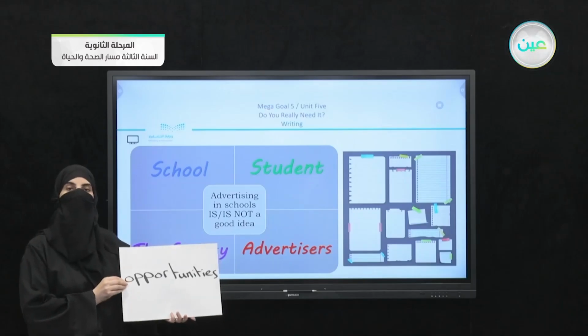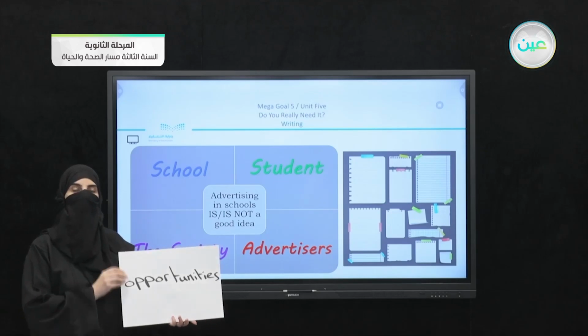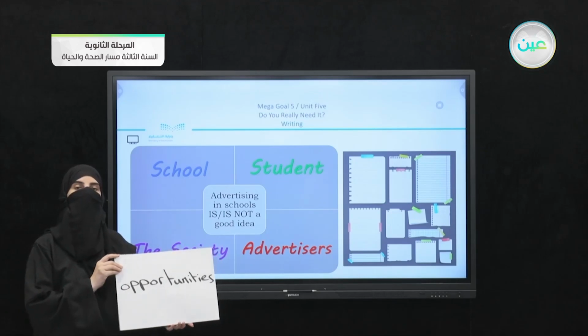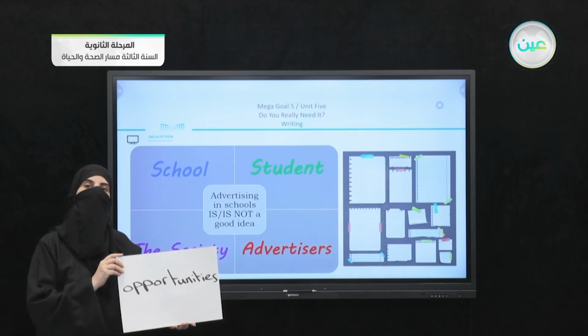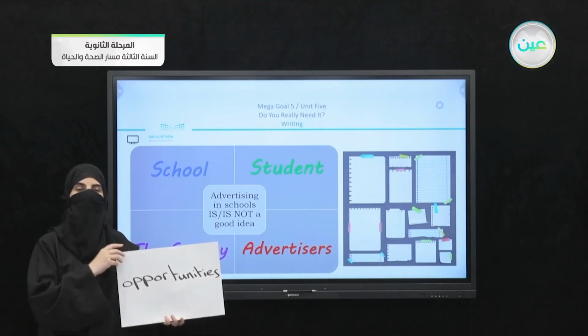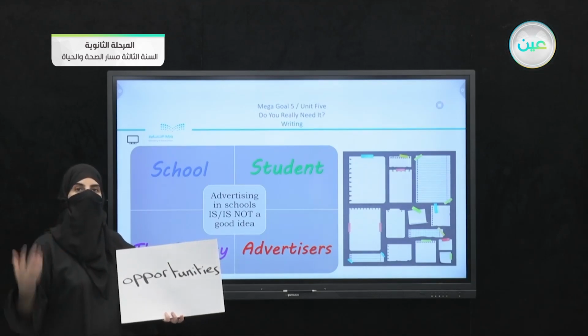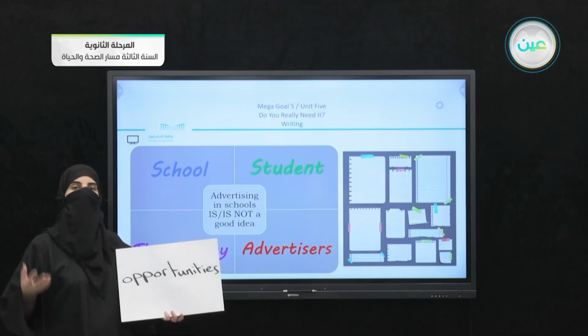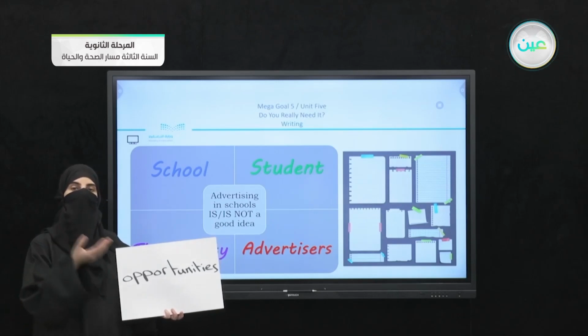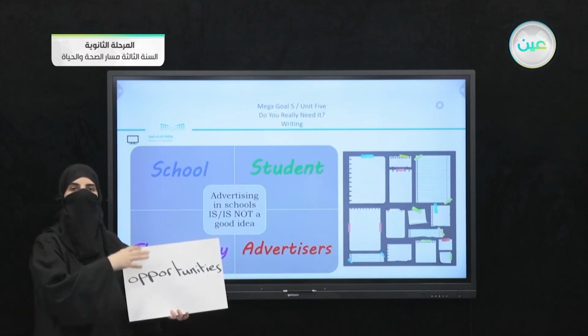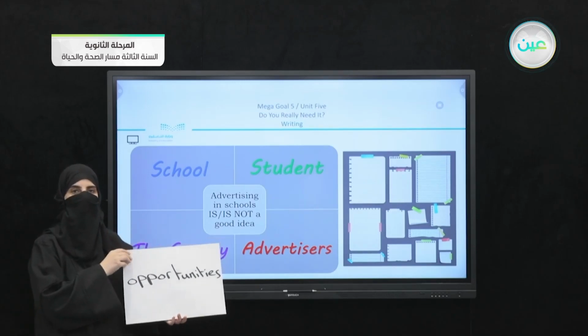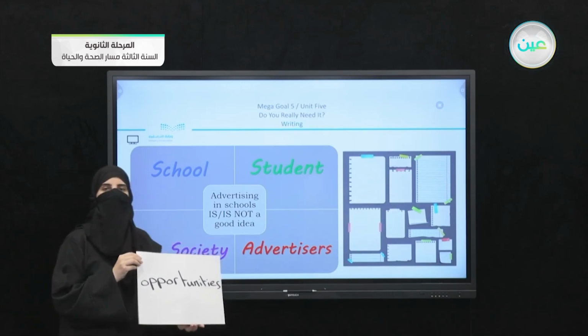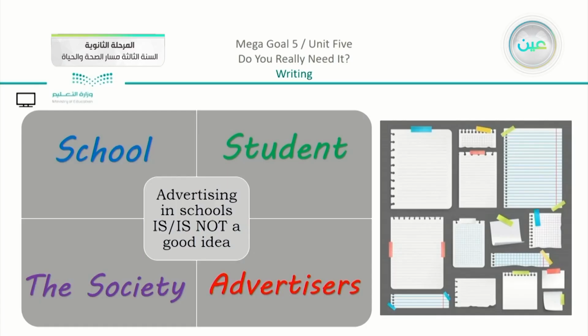When there are advertisements and people are working, they are having more opportunities. The student or the school itself is giving an opportunity for the advertisers. The advertisers are giving opportunities for the students, and all of us are affecting the society. These are just examples of words that I can use here.